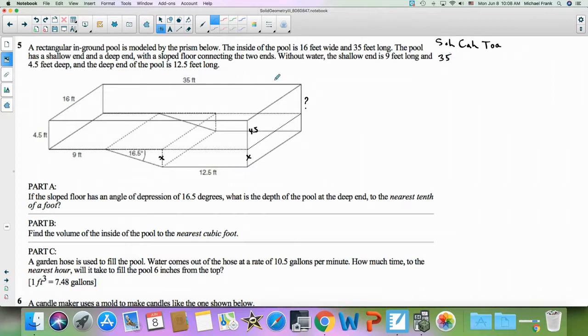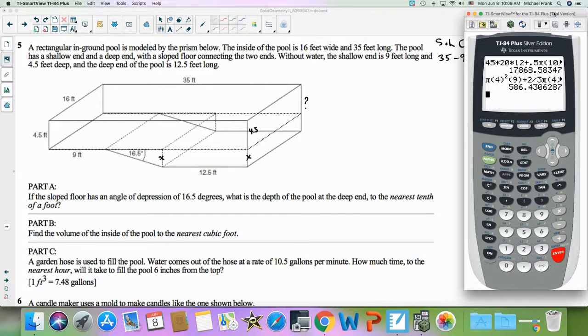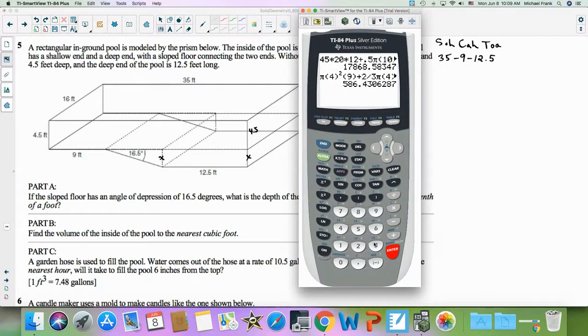of that long side, and I subtract away this 9 feet, and then also subtract away 12.5 feet. Take away the 9, take away the 12.5, you end up with, what, that's 21.5, I think. Let's make sure, let's not leave anything to Mr. Frank making a silly mistake.